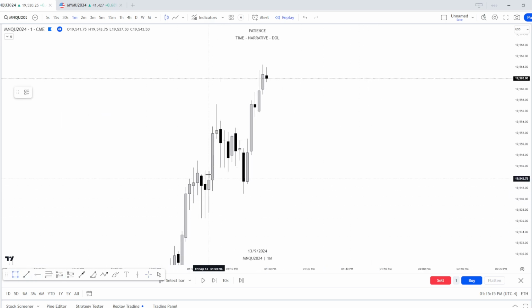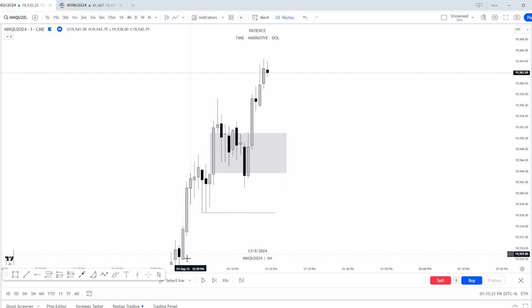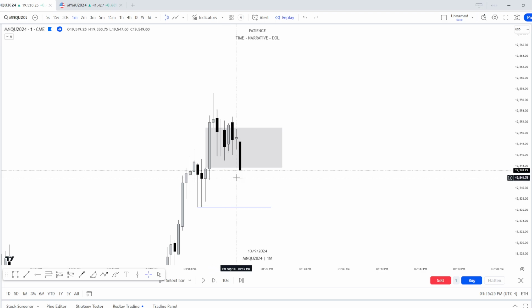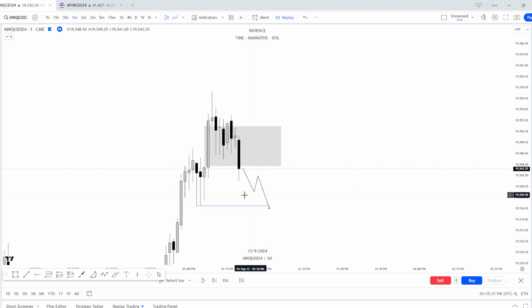So just as an example, price did not go lower right here, but in a perfect situation, if I was looking at price and we closed underneath this bullish fair value gap, we could possibly expect price to get sent down lower to this low because we are invalidating the bullish PD array that we formed. So that's what inverses are.